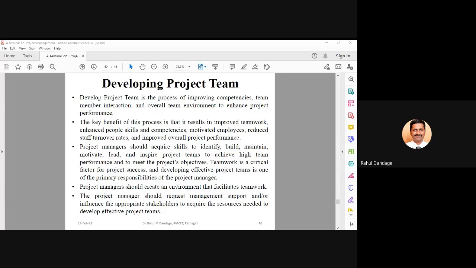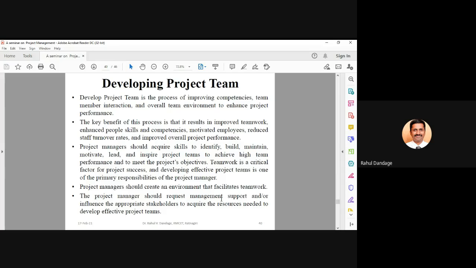The project manager should request management support, meaning top management support, and also influence appropriate stakeholders to acquire the resources needed to develop effective project teams. So that is also essential. For every project team member, the project manager is the boss, the supreme authority. So whatever grievances, requirements, or needs they have, they will communicate them to the project manager and not to the top management.